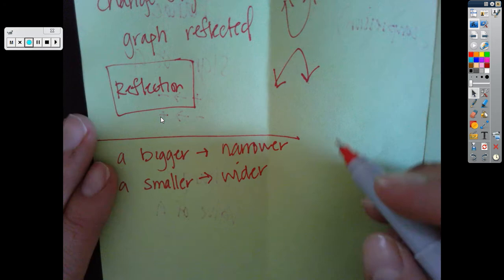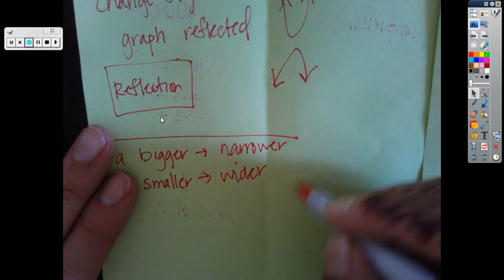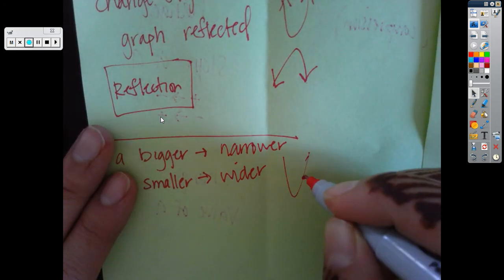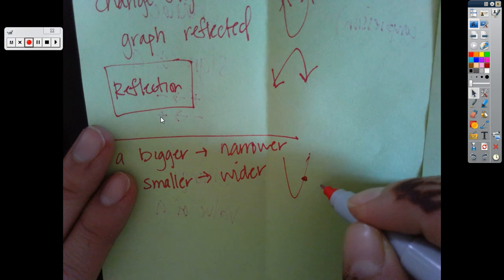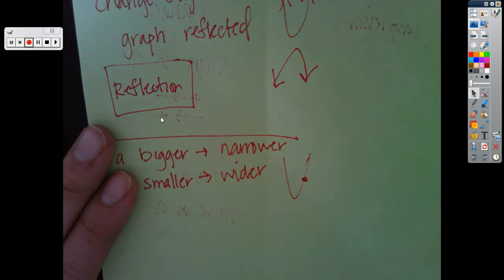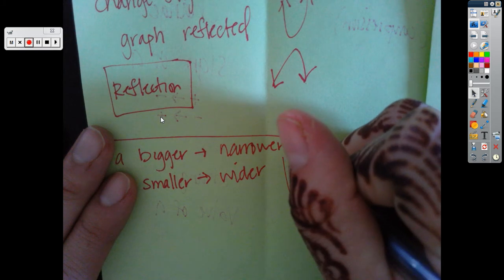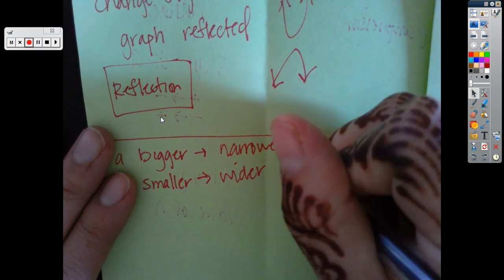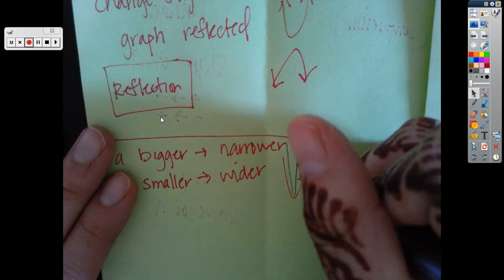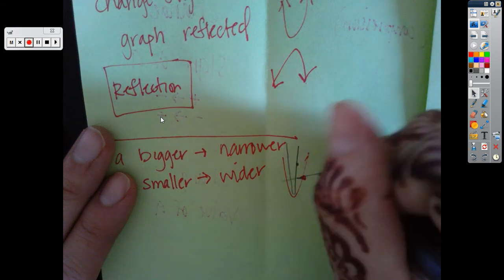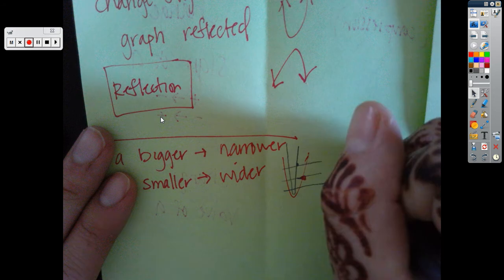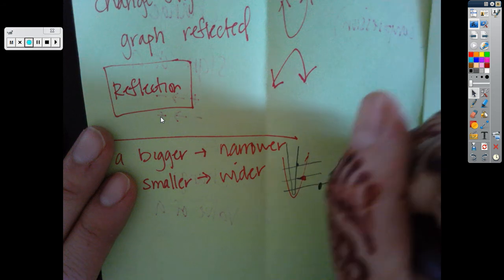Why? Because when you have a graph, these are values. This is a value maybe 10, but if it gets bigger, then it's not going to be at 10 anymore. It's going to be at like 15. 15 is way up here, and so that means it gets skinnier. If the value changes to 5, 5 is over here.